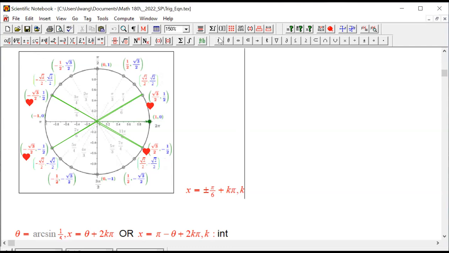That's it. k are integers. And that will cover all these 4 terminals. With special angles, this one is very, very straightforward. Okay, so let's put the answers together.